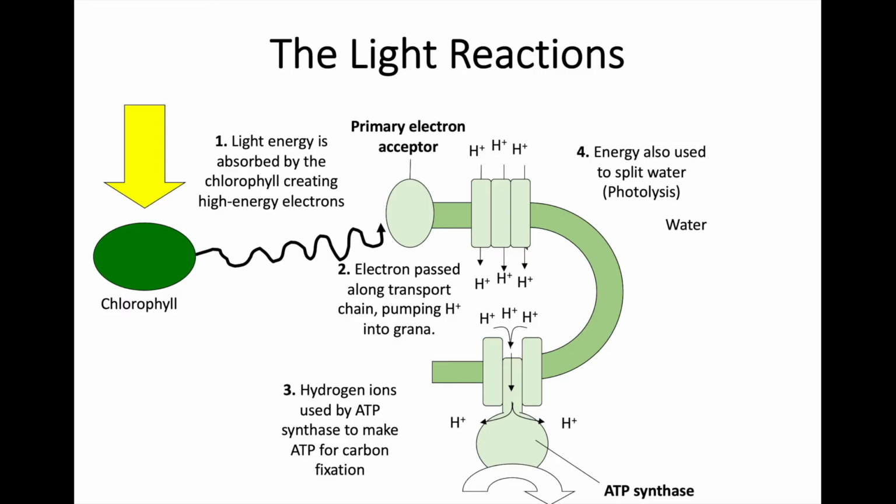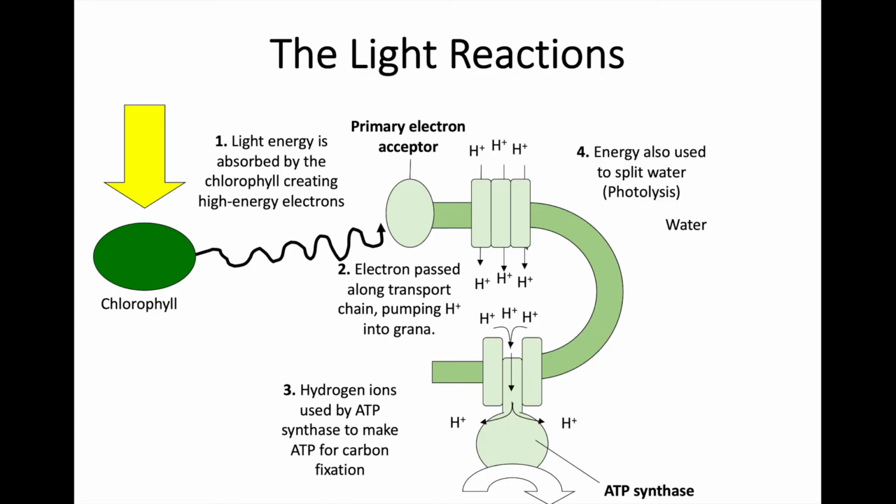However, some of that energy is also going to be used in order to split water through a process called photolysis. So if you think about it, every plant needs water. If they don't get water, they're going to die. We covered that a little bit in the transport systems in water PowerPoint from National 5. Now, one of the reasons why plants need water is for photosynthesis. This is where it is needed and required.